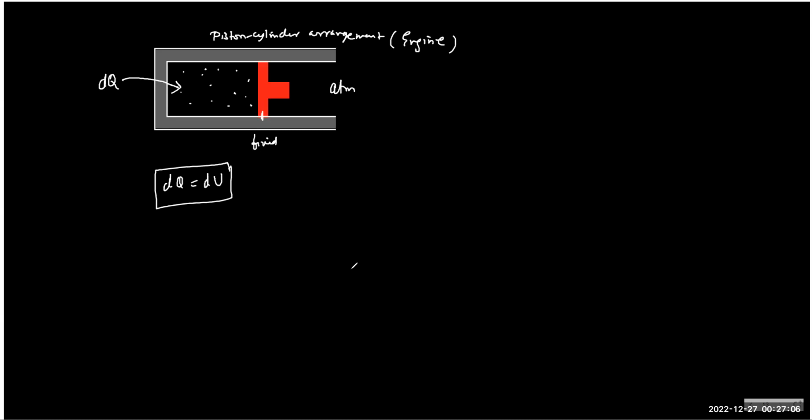In physics, we call this CV, which is called the molar heat capacity at constant volume. What does it mean? Keeping the volume of a gaseous system fixed, how much energy do I need to increase the temperature of the system by 1 degree Celsius per mole? So what is the definition of CV?